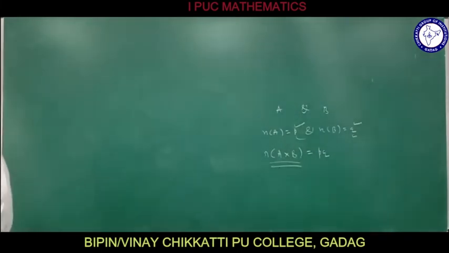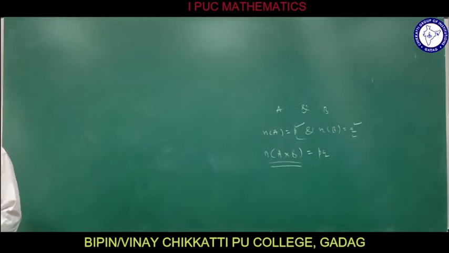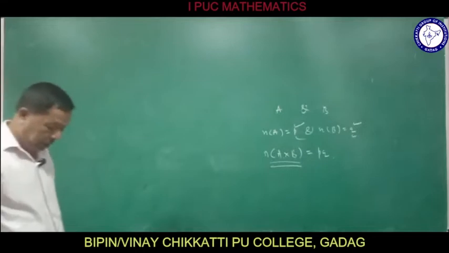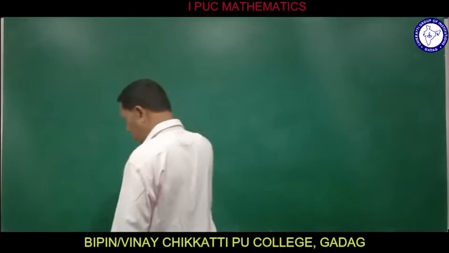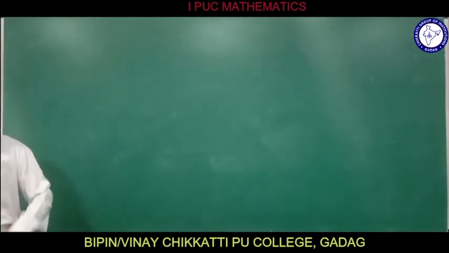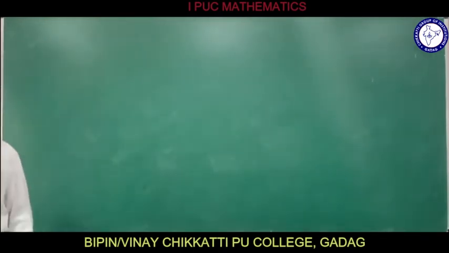And out of two sets A and B, if one is infinite, then A cross B is also infinite. What I mean to say is, they are non-empty, of course not finite. If both are finite, we have a particular explanation. If one set is infinite, then A cross B is also infinite, and accordingly we can continue the results.